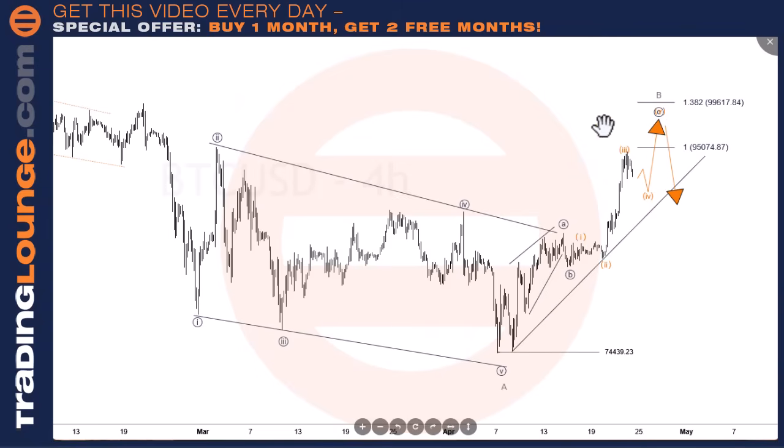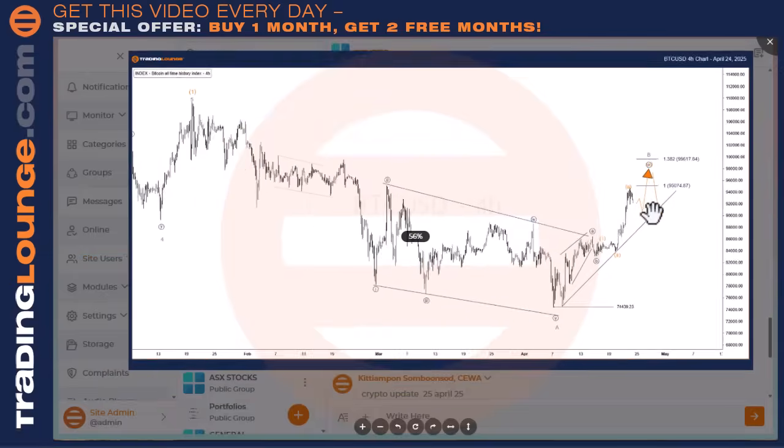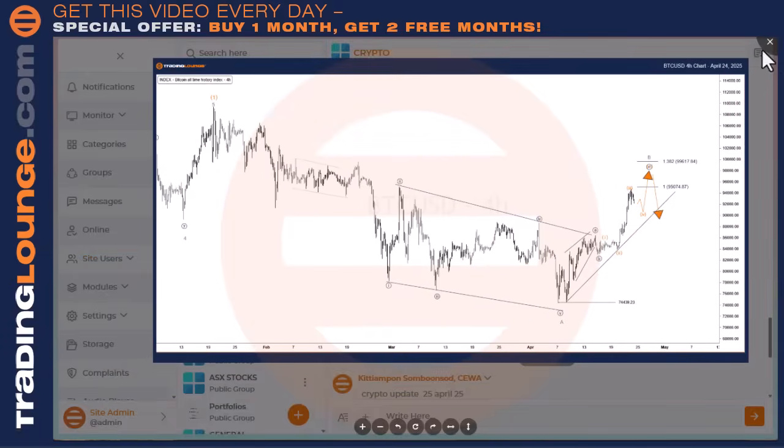So we still need to be cautious about this. It's great that we've got this count, and that would be the bearish count. So we need to be careful when we get close to that 100,000. If you're trading rather than hodling, that's going to be a bit of an issue, but we'll work through that. But it's good to look at both sides of the market, rather than sticking our head in the ground.